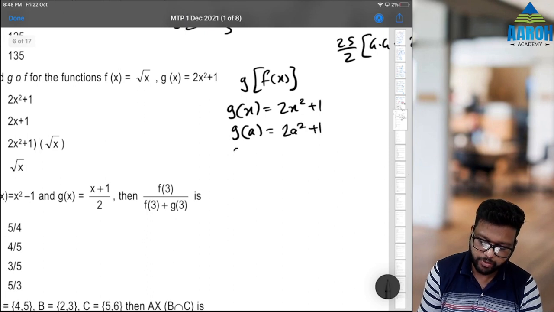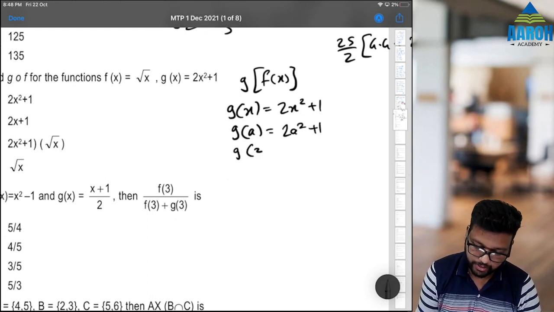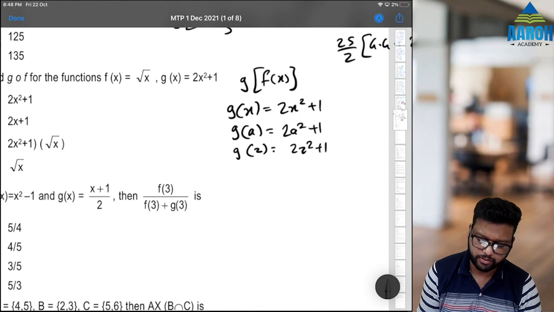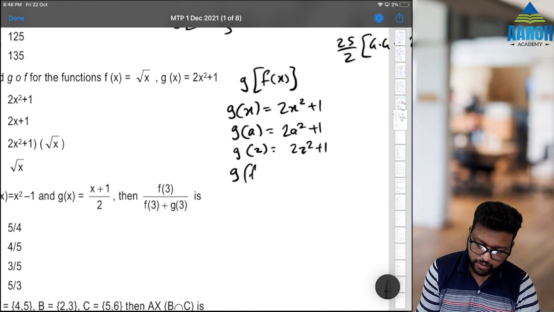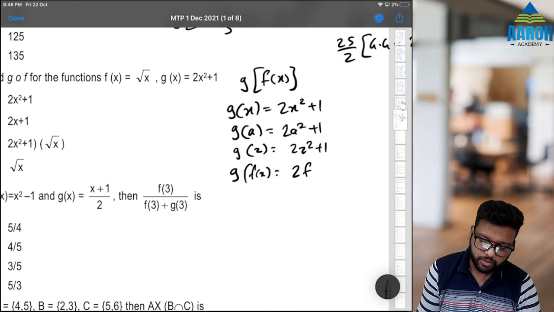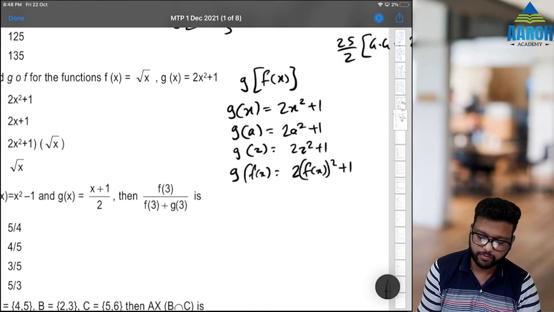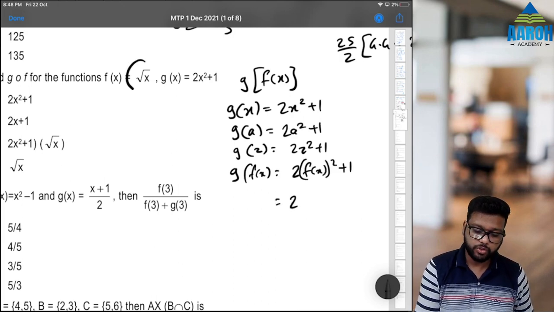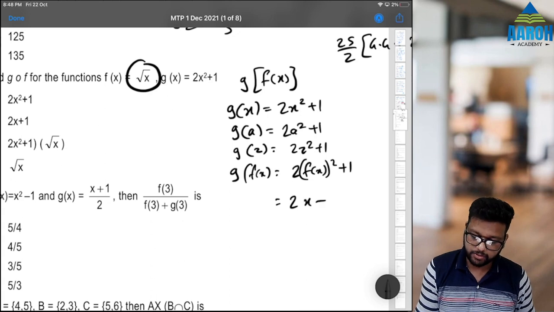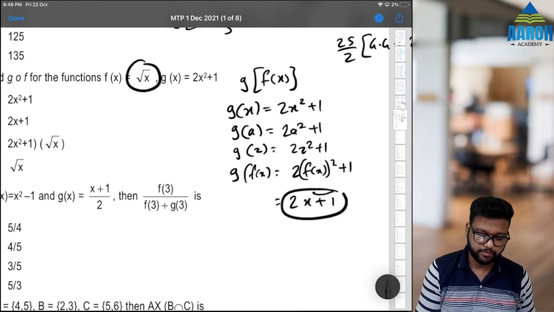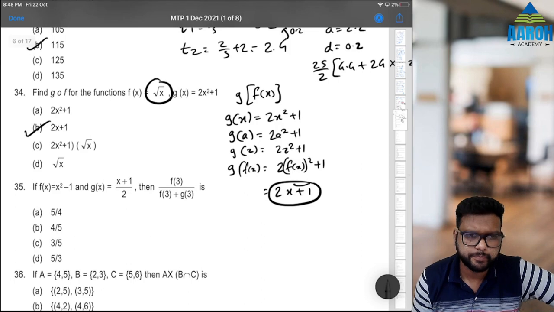G of z will be 2z square plus 1. Similarly, G of f(x) will be 2 into f(x) square plus 1, that is 2 into root x square, that is x plus 1. 2x plus 1 will be the correct answer, option B.